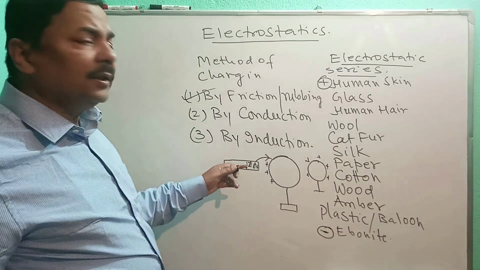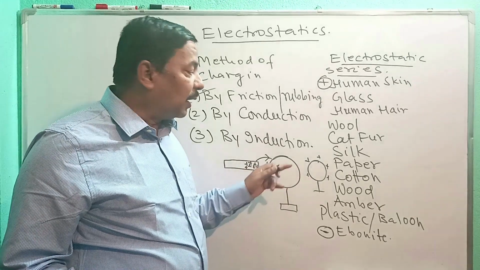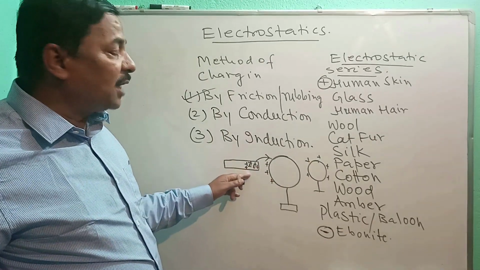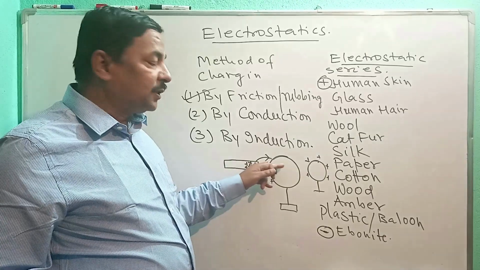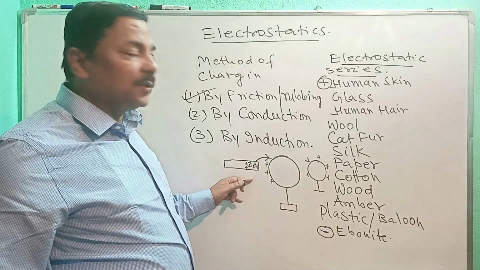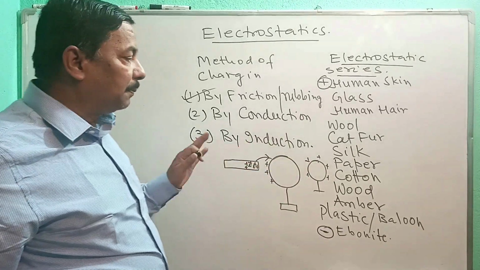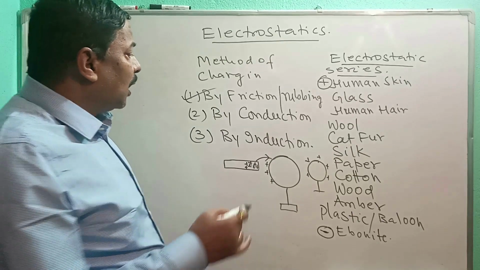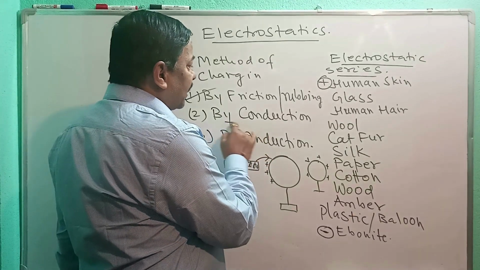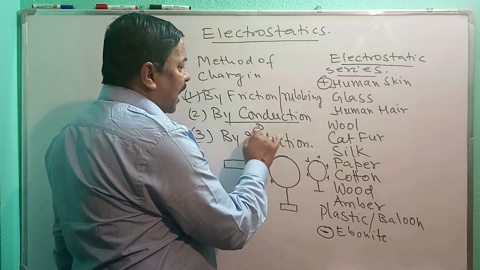So by conduction, the same nature of charge is developed. If a positively charged body is touched, positive charge will develop. If a negatively charged body is touched, negative charge will develop. Here there is direct touch.